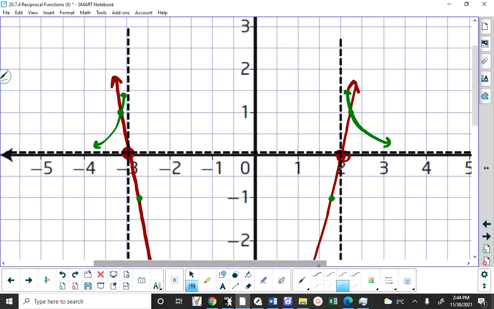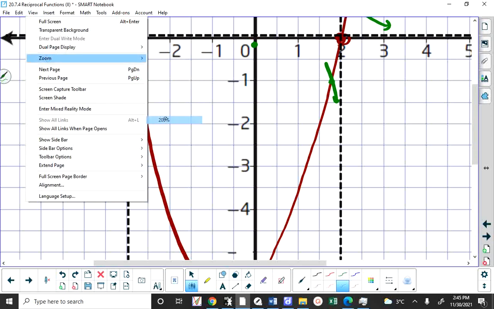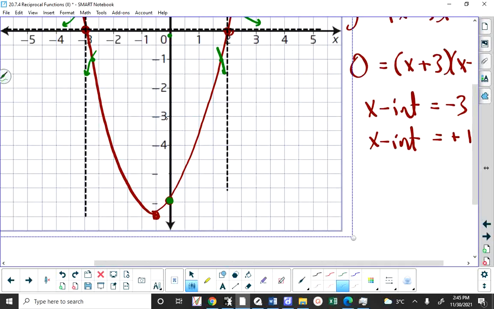I know that this piece must go up towards the center. The y-intercept was -1/6, which is very close. However, and I don't know if we need to worry too much about this, since the y-intercept wasn't the lowest point on the original graph, that y-intercept that we found by reciprocating it won't be the highest point on the reciprocal.